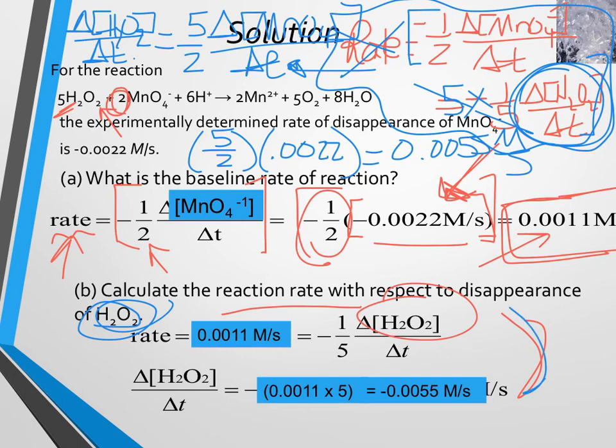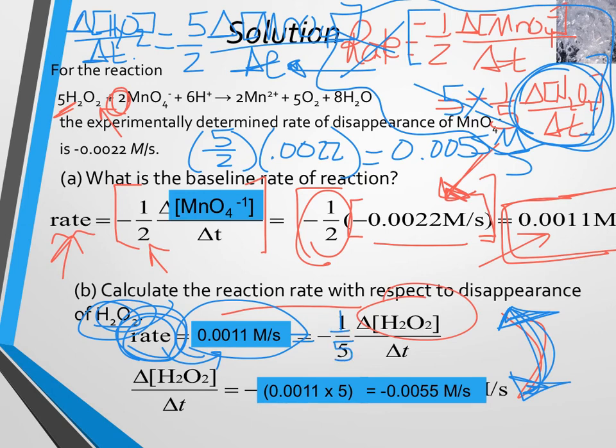I just wanted you to see it from scratch up there, but now go ahead and look here. Whatever way is easier for you to visualize. The bottom is kind of a shortcut, but it's only if you understand it. So we just established the basic rate of the reaction from part A, and now we're going to write the generic expression for disappearance of hydrogen peroxide.